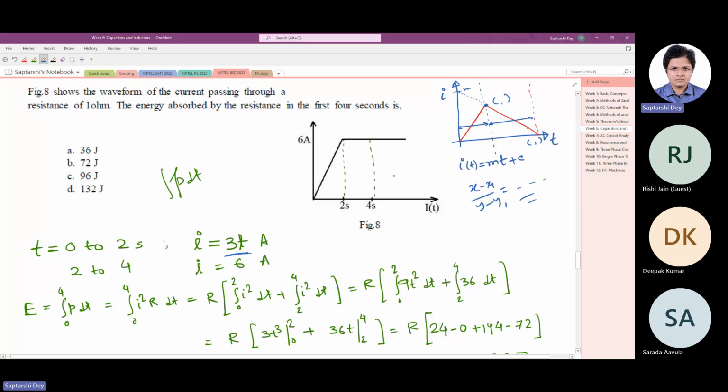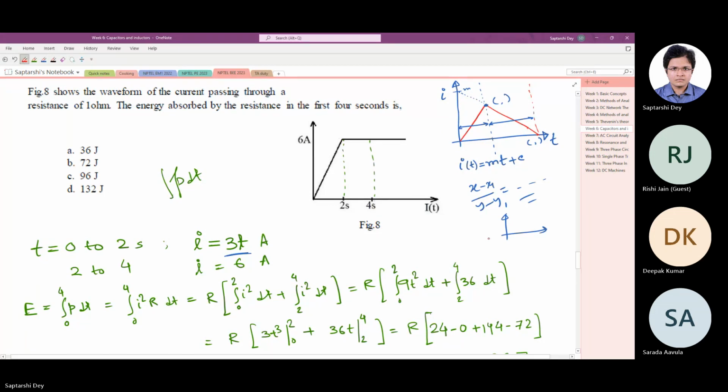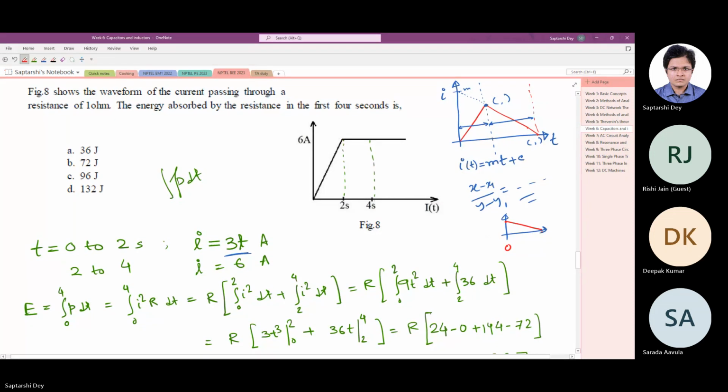So you do the first part like this, and while solving the second part, you assume that the current is like this. At 0, it was here, and it is like this. So the calculation of your current and power becomes much easier, and that will save you a lot of time.